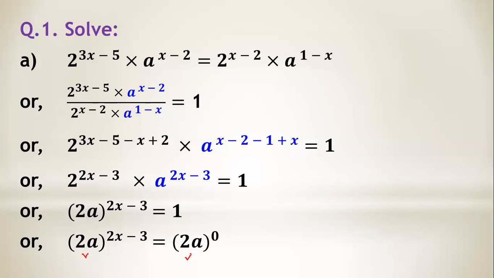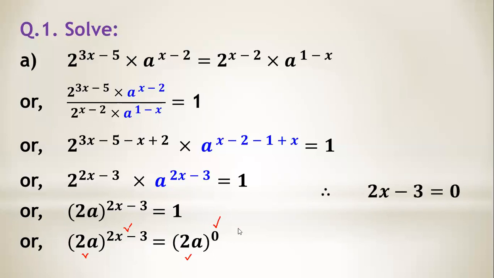That means both bases are the same. So if both bases are the same, then according to the axiom of exponential equation, we can equalize the power. That means 2x minus 3, the power on the left hand side, will be equal to the right hand side power, that is 0.